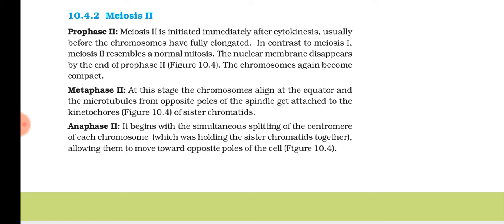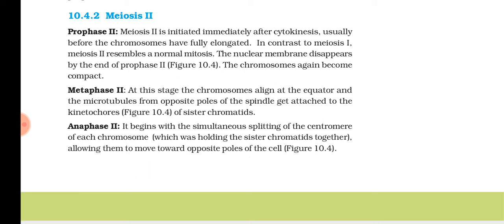Understood? So chromosomes align at the equator, and microtubules from the opposite poles will get attached to the kinetochore of sister chromatids of each chromosome. Now 23 chromosomes will get aligned in the center, and then what will happen? The same process of mitosis will take place in each of the cells.